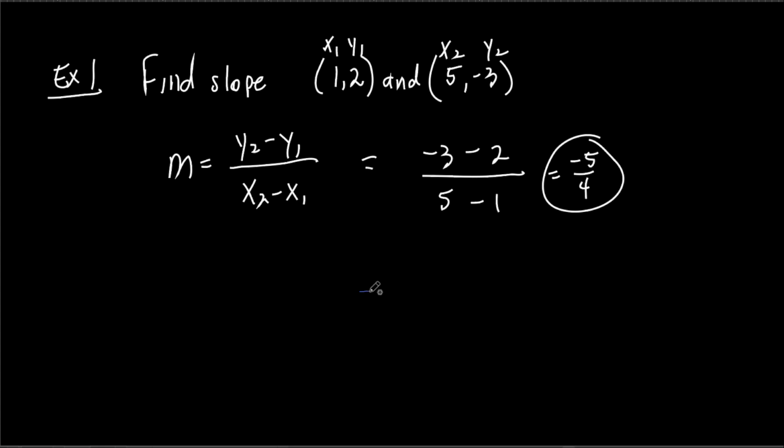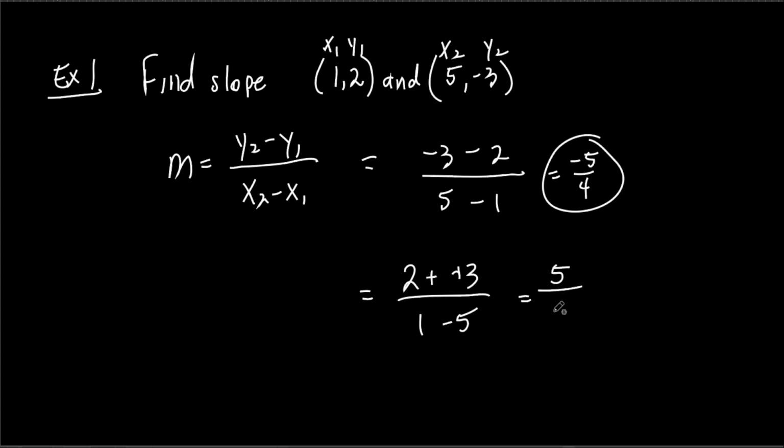You could find it the other way. Instead of y2 minus y1, let's subtract the y's in a different order. I could go 2 minus, is it just 2 minus 3? Nope, it's 2 minus negative 3. It's supposed to be a negative right there. Let's do the x's. 1 minus 5. What's 2 minus a negative 3? It's a positive 5.